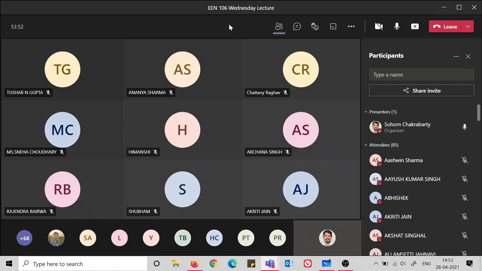You can discuss all these things in your class group, and your CR can communicate with me, whether I need to do any modification in the pace or in the delivery, whatever. The CR can talk to me directly instead of all of you writing to me personally. So whatever inputs are there, the CR can directly tell me.